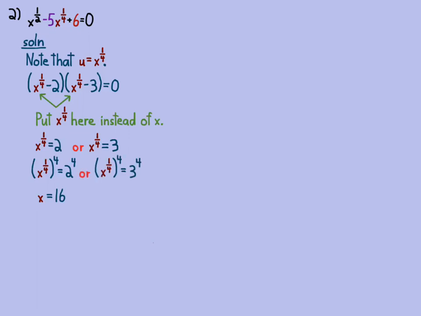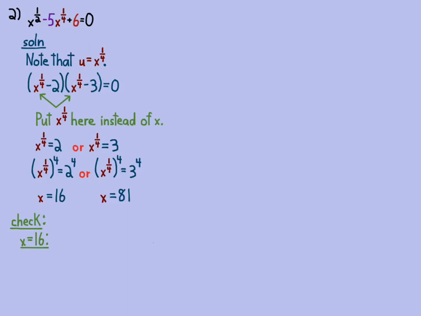And the second one, I get, right, x is 81. 3 to the 4th is 3 squared, so it's 9 squared, which is 81. I didn't do 3 times 3 is 9, times 3 is 27, and then try to multiply that by 3. That's not the best way to do it.